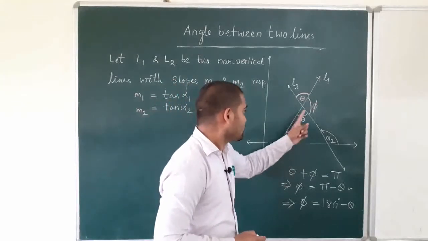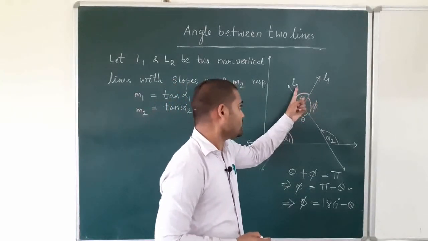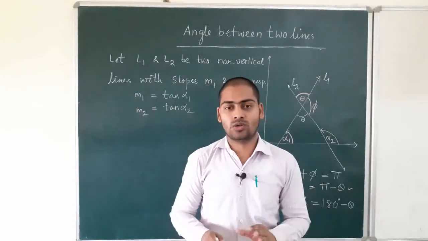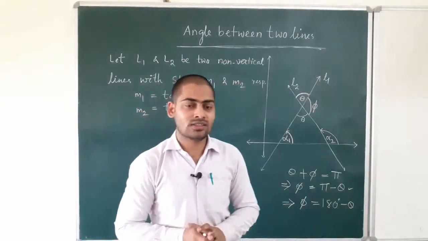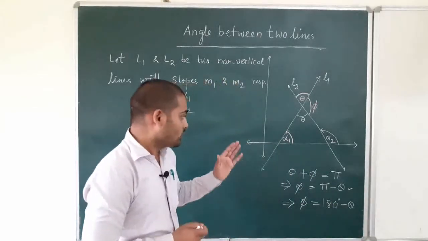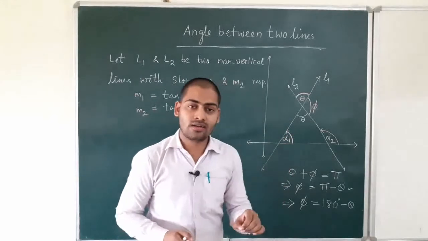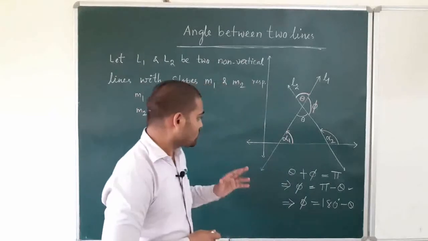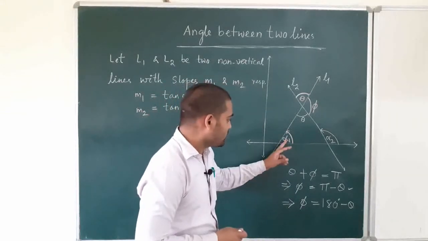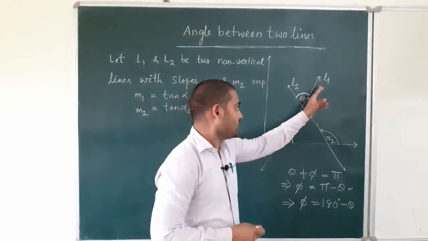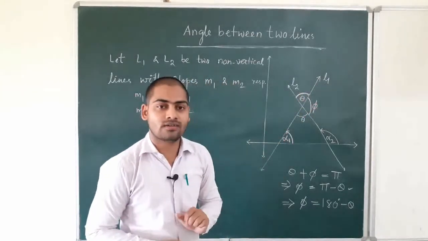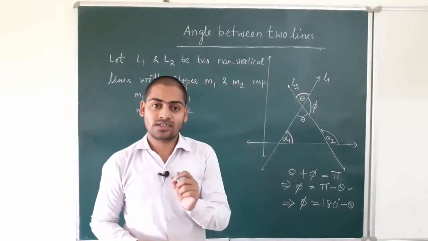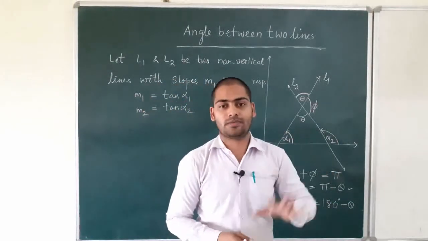And both L1 and L2 are non-vertical lines. Why are they non-vertical? You know that we want to write the angle in terms of slope. If line L1 is a vertical line, then the slope of a vertical line is not defined.